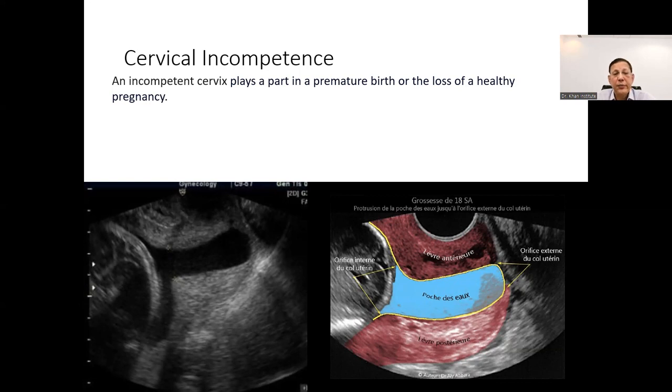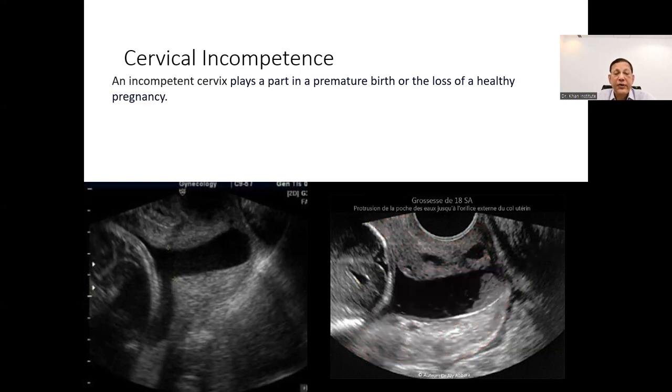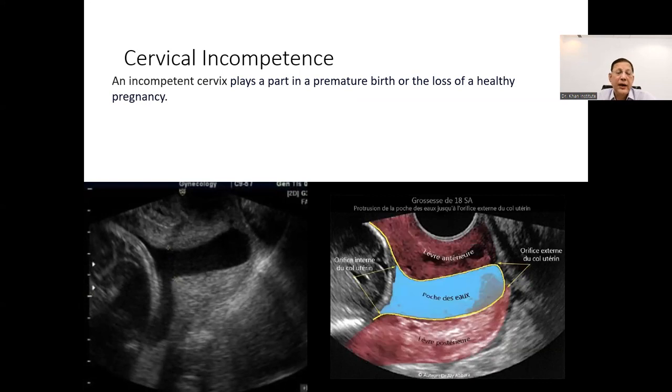Only by doing ultrasound did we come to know that it was a case of cervical incompetence, and just by doing ultrasound, the doctor can save the baby by suturing the cervical canal.